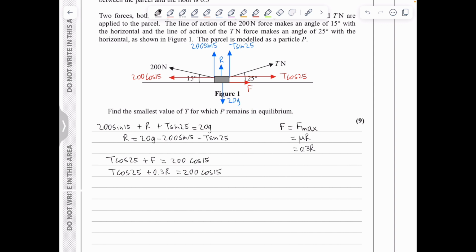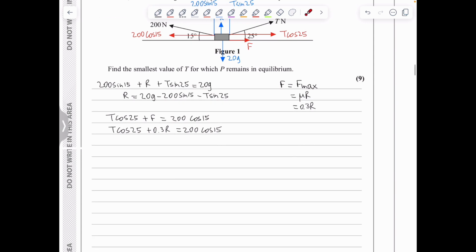And then I can proceed in replacing R with the expression we obtained above. And therefore we get T cos 25 plus 0.3 times (20g minus 200 sin 15 minus T sin 25) is equal to 200 cos 15. So this is an equation that only involves T.